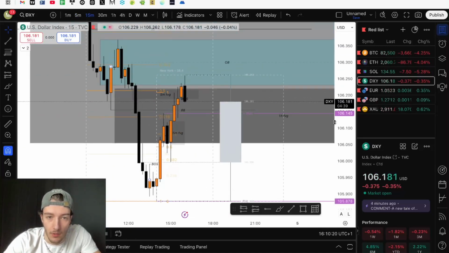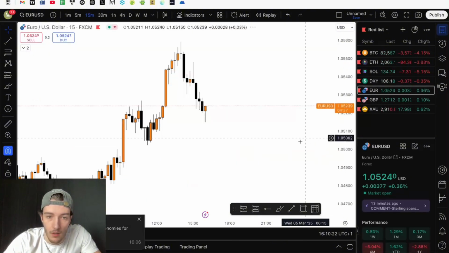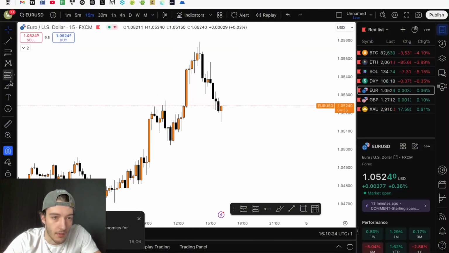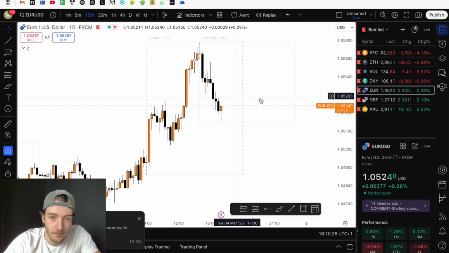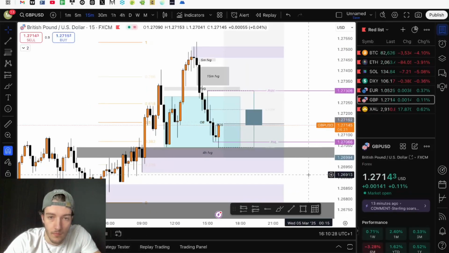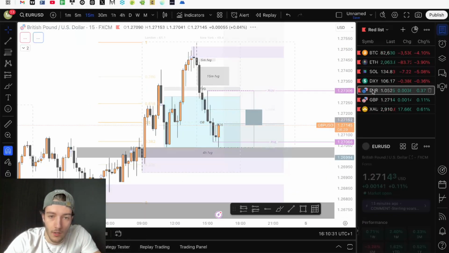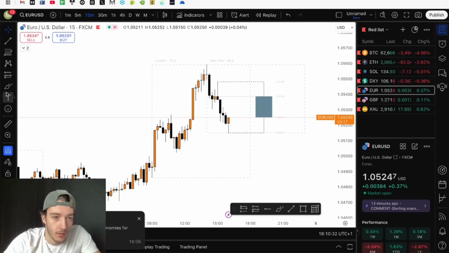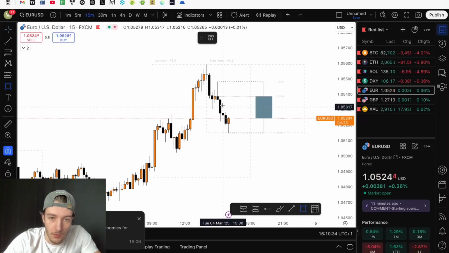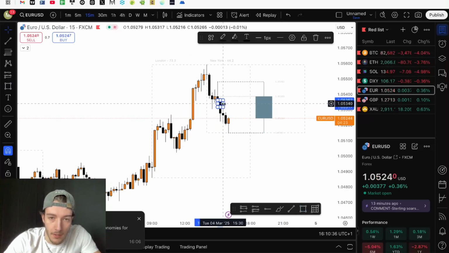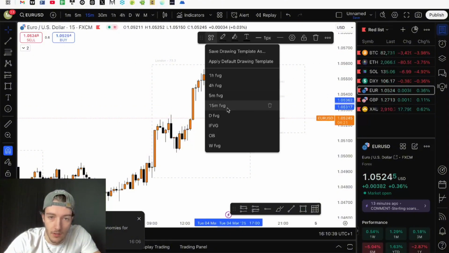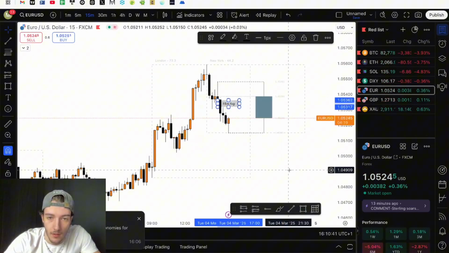Am I longing now? No. I need a confirmation. One confirmation could be euro disrespecting this 15-minute bearish fair value gap here.